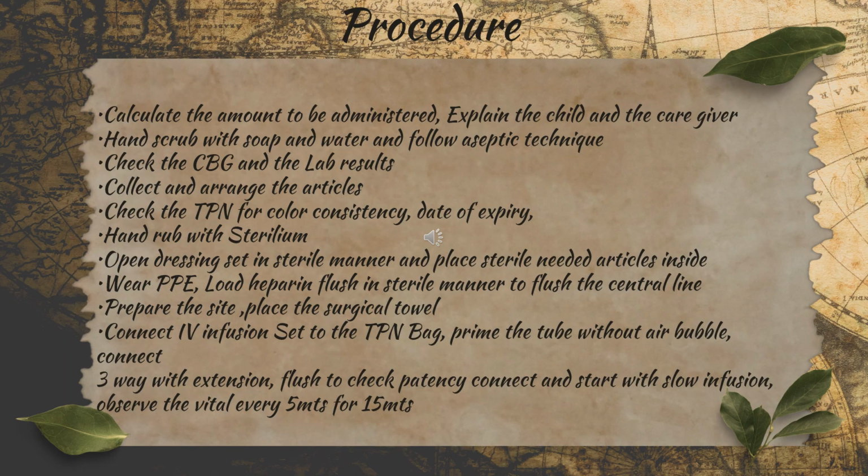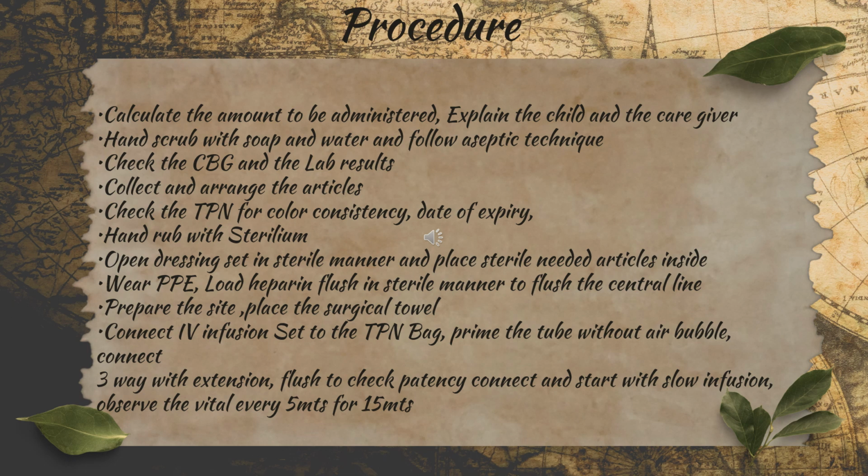The procedure to follow: according to the child's weight and the degree of malnutrition, as per the physician's order, calculate the amount to be administered. Explain the procedure to the child and the caregiver. Do the hand scrub with soap and water and follow aseptic technique throughout the procedure.